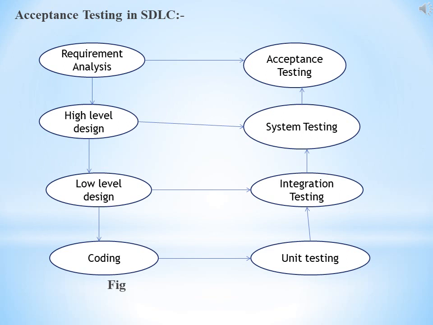In the first chapters, we learned about the V model, which is executed in parallel. The first stage depends on the next stage in the testing. Like this, the acceptance criteria are executed in the SDLC.